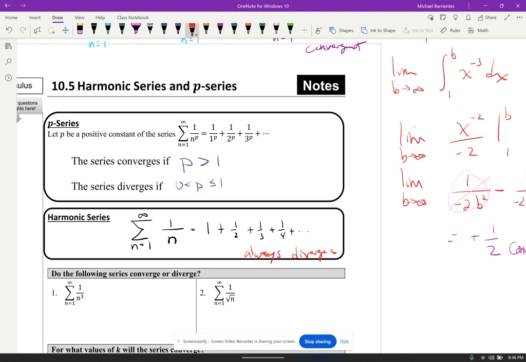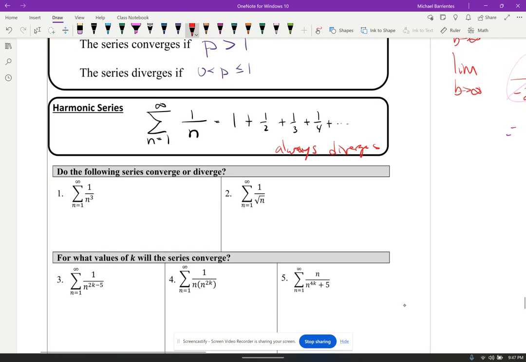So using the integral test, we're able to prove that a p-series converges or diverges. A special case of a p-series is when p equals 1. That would be the harmonic series, and that would be that. So when I look at number 1, does the series converge? Well, p is equal to 3, and that's greater than 1, so yes, it converges. Or when I look at this, well, I don't see an exponent.